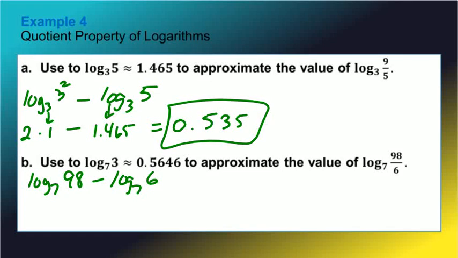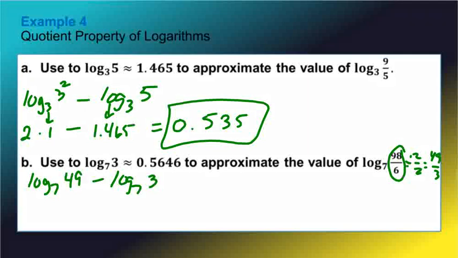Now actually, before we do anything, let me erase this part right now. Let's simplify this fraction first. I can divide this by 2 halves, and I would get 49/3. Now let's do the log base 7 of 49 and log base 7 of 3.